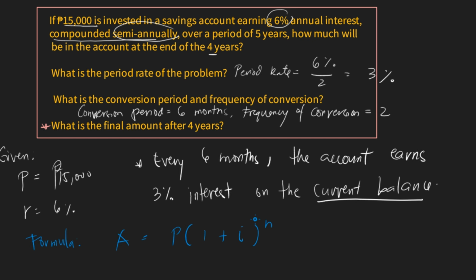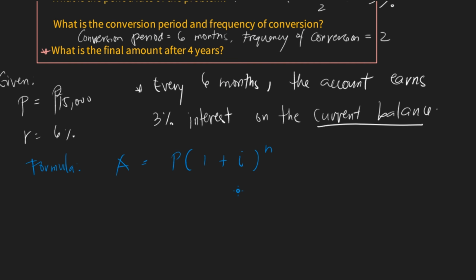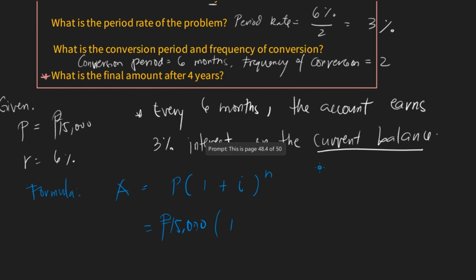The i is the period rate. Your P is 15,000 pesos, and your i, the period rate, is 3%. So I'm going to put 3%.